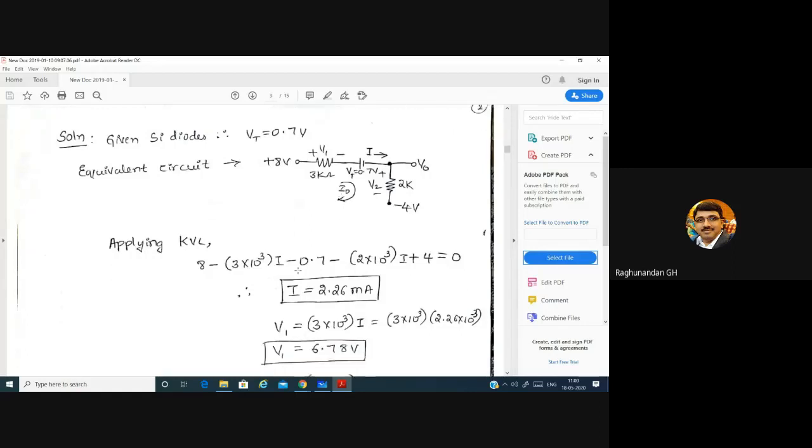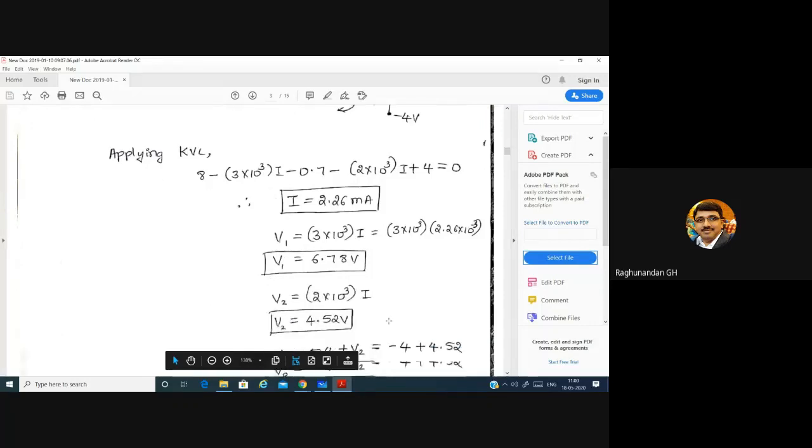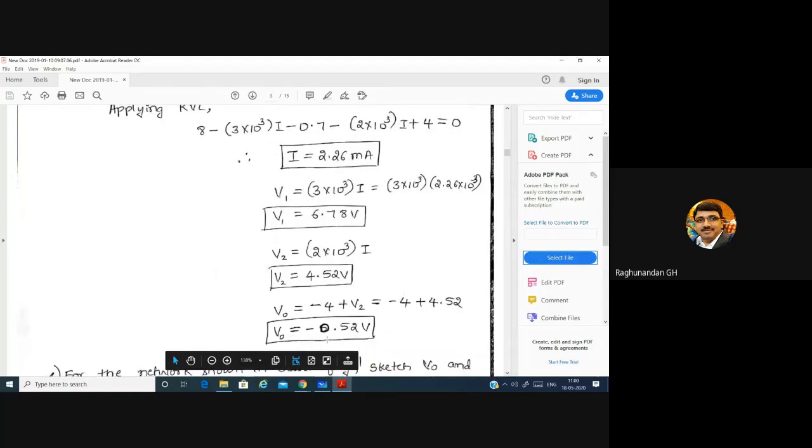So 8 minus 3 into 10 to the power of 3 into I minus 0.7 minus 2 into 10 to the power of 3 I plus 4, and you find I. When you know I, V1 is I into this resistance, 3 kilo ohm into I, so you'll get 6.78. Similarly for V2, 2 into 10 to the power of 3 into I.